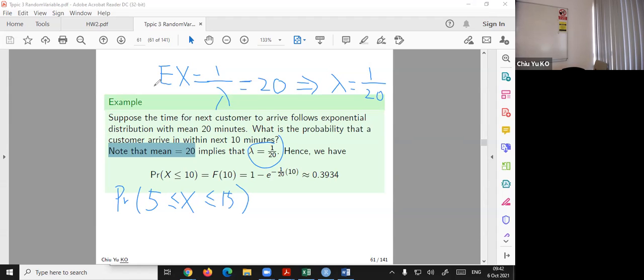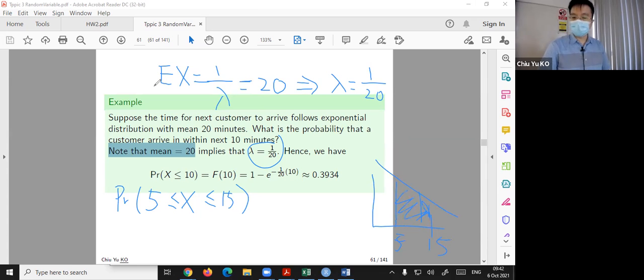Okay, so in this case, we're asking for the probability that a customer arrives between 5 minutes and 15 minutes. Okay, how do you calculate that? It will be just when you draw a graph, right? You have 5 and 15. You have this curve, right? Asking for this area.